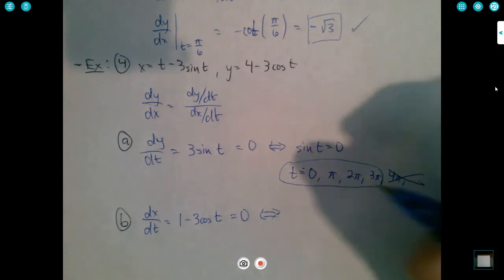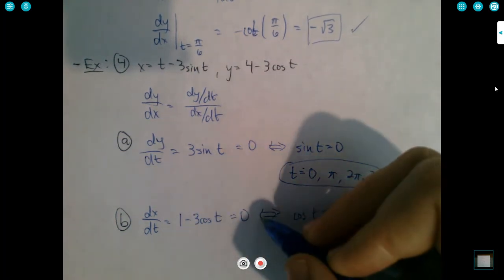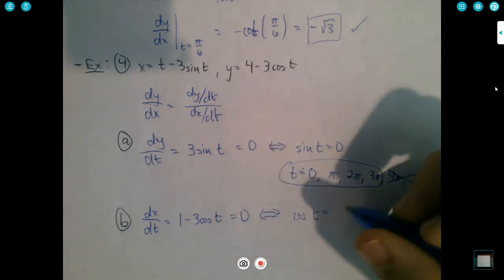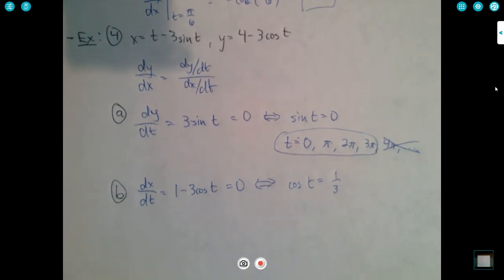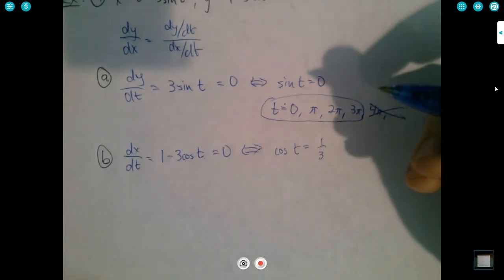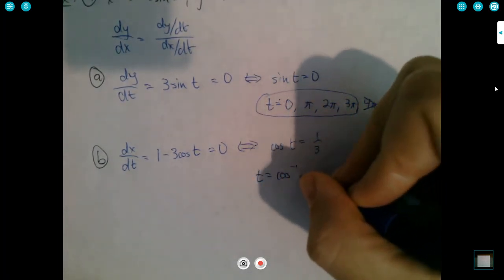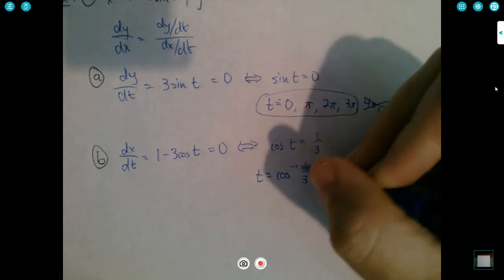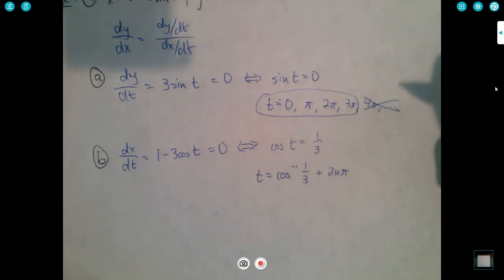That's going to happen if and only if cosine t equals, well, I subtract the 1 and then divide by the negative 3 and get a positive 1/3, right? Ugh, that's nasty, but, you know, what are you going to do? So what are we going to get? t equals cosine inverse of 1/3 plus 2nπ, right?